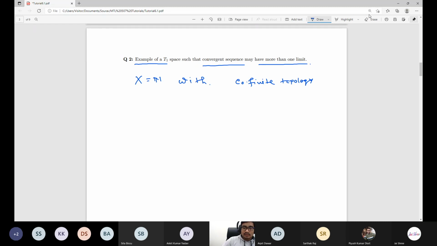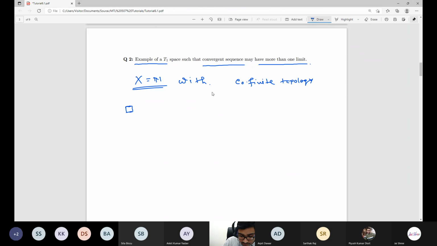It is nicer to say N with the cofinite topology. So we have taken an example of a T1 space with the cofinite topology. Now give me an example of a sequence which converges to more than one point.